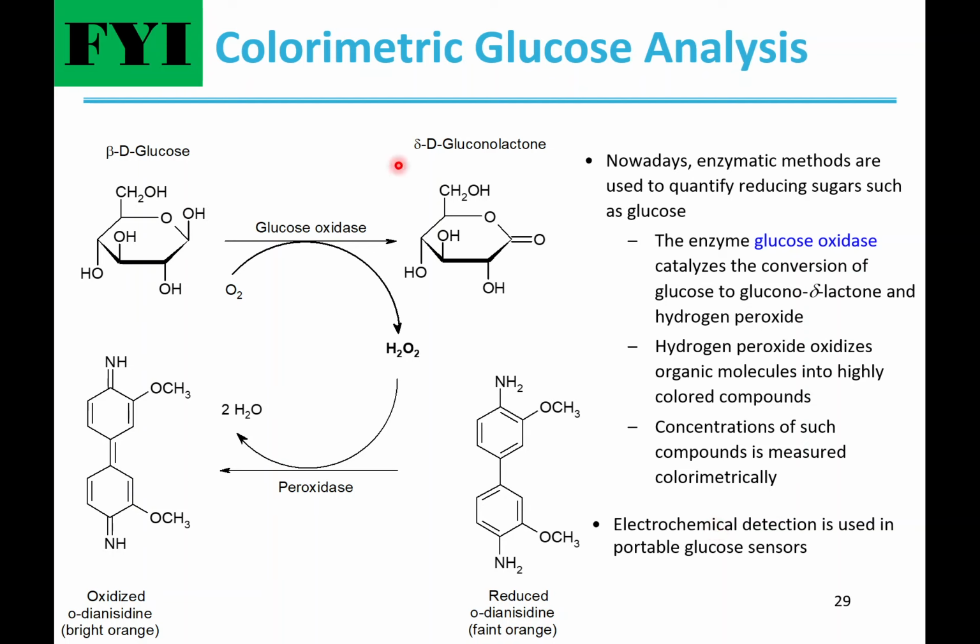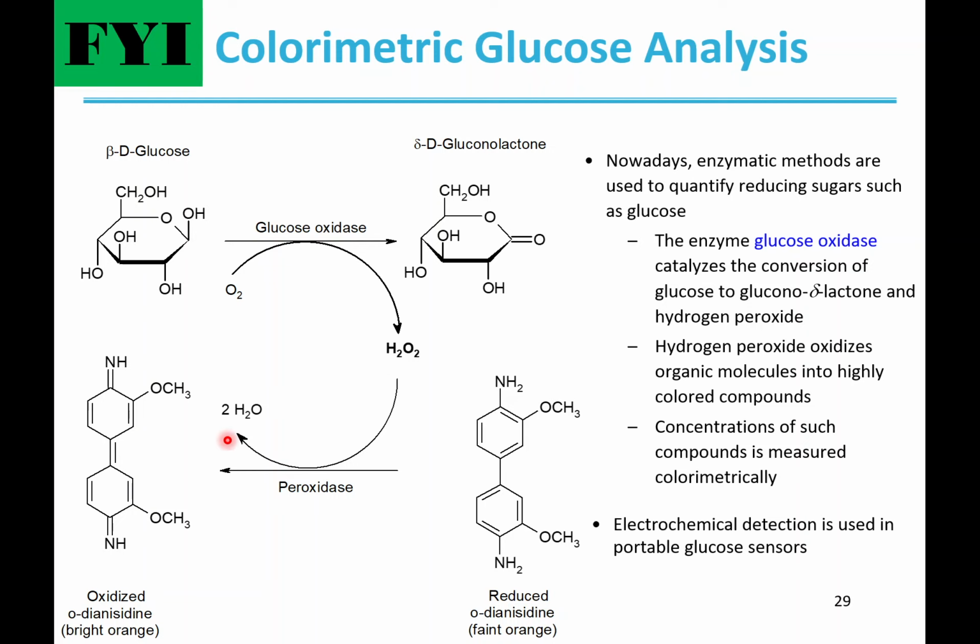Currently, those tests really aren't used anymore, or at least not extensively. There are more modern ways of doing that, and one way is coupling the reaction of an enzyme, glucose oxidase. When glucose or reducing sugars are around, it converts oxygen to hydrogen peroxide.